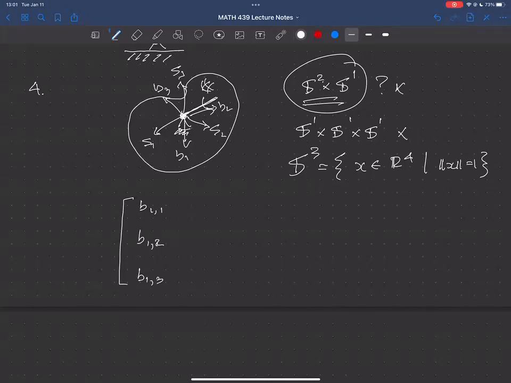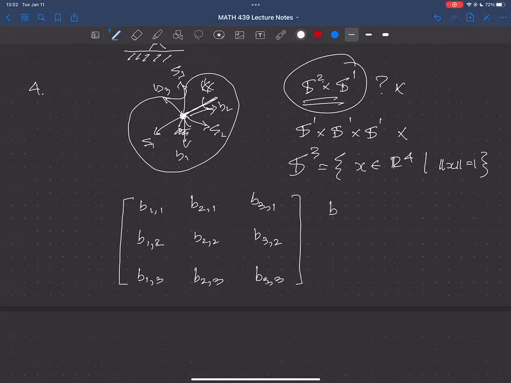I'll write down what they are in a second. But here I'm going to have B21, B22, B23, and B31, B32, B33.